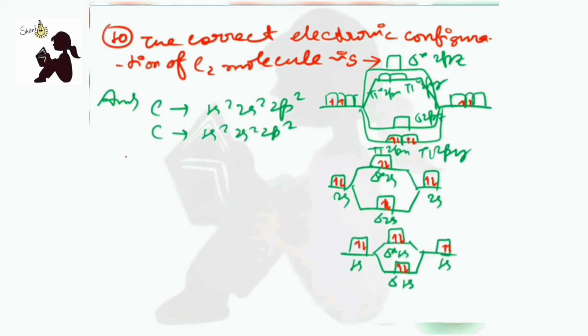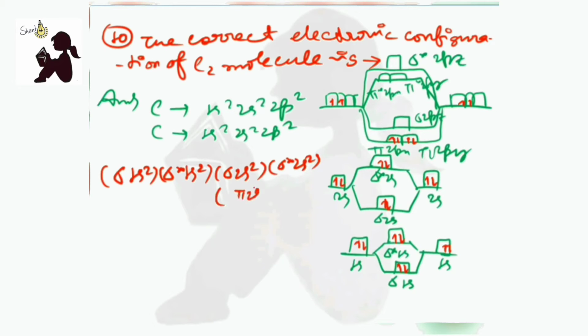So I'm just going to write the electron configuration from here. That is sigma 1s2, sigma star 1s2, sigma 2s2, sigma star 2s2, then our pi 2px2 equal to pi 2py2. That will be our electronic configuration for carbon.